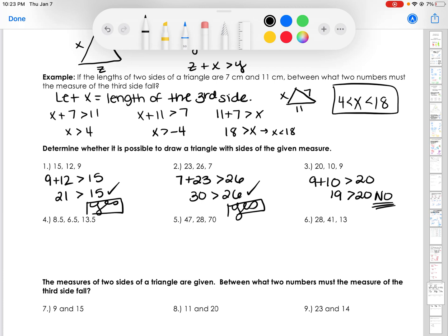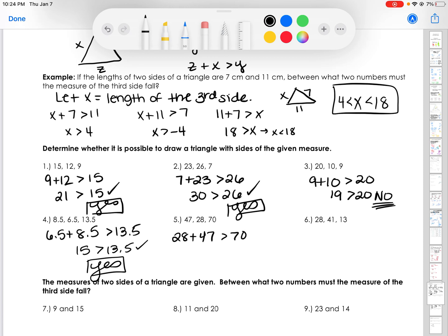All right, in 4, we've got 8.5, 6.5, and 13.5. So again, I'm just going to add those smaller ones together, and I want to make sure that is greater than the largest side. So that's going to give us 15 is greater than 13.5, which is absolutely true. So yes, we can draw this triangle. 28 plus 47 is greater than 70. Let's double check.